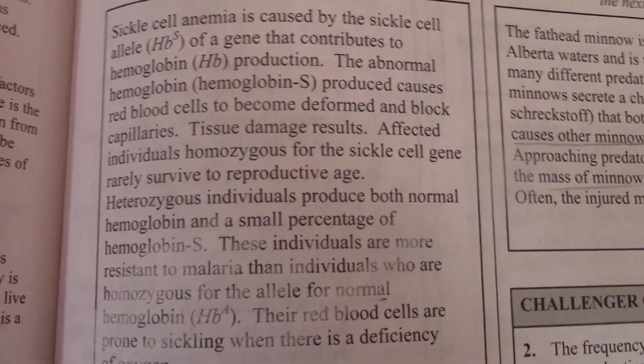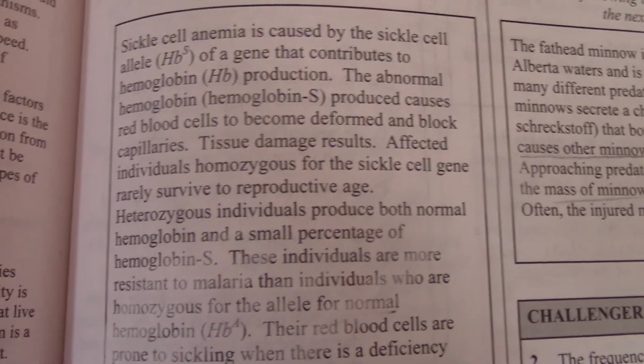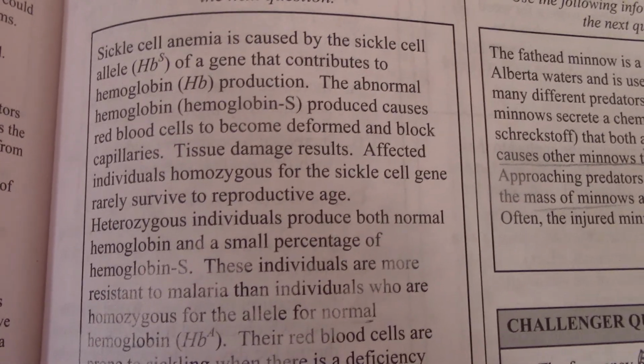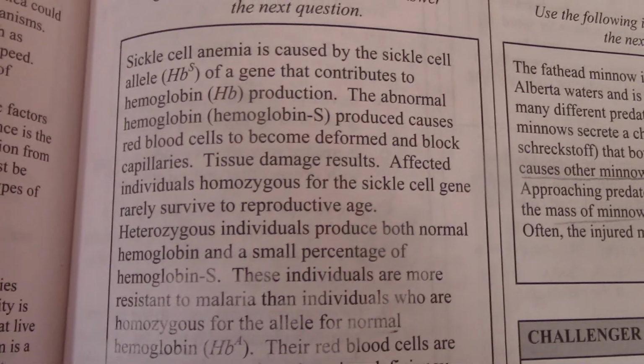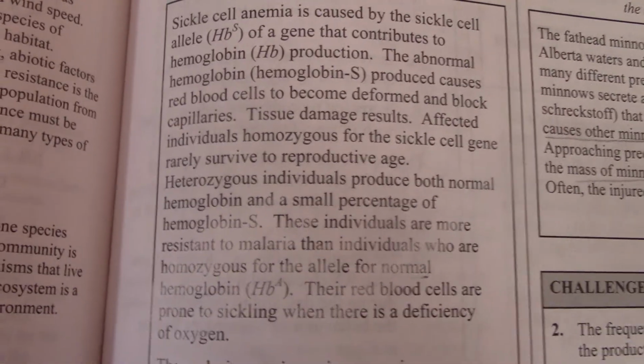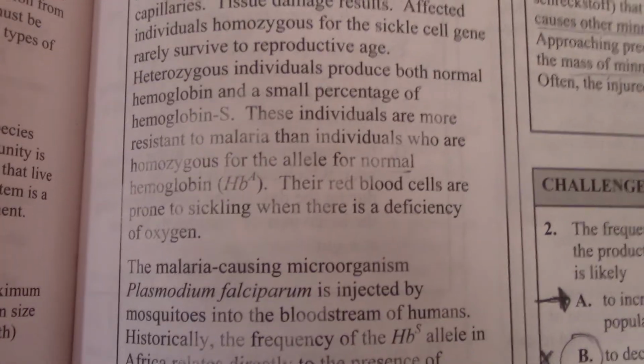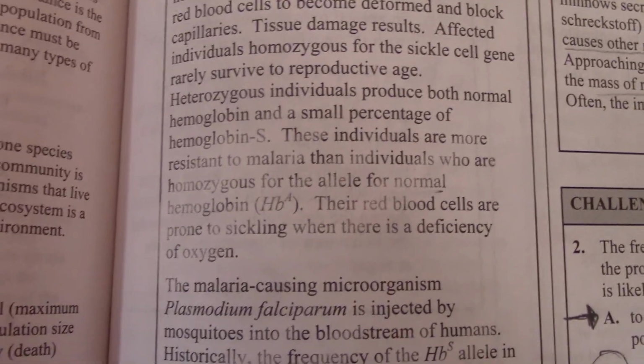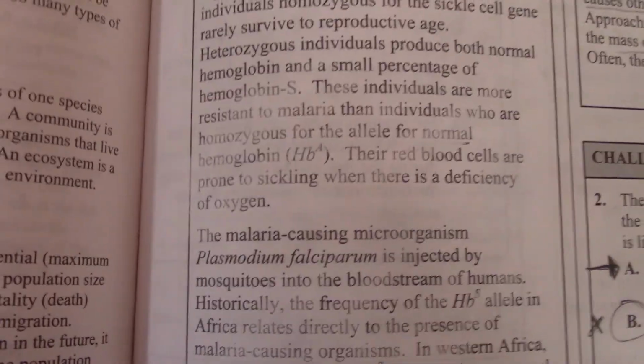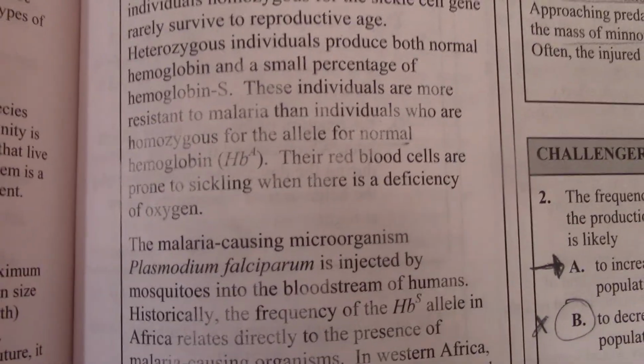Affected individuals homozygous for the sickle cell gene rarely survive to reproductive age. Heterozygous individuals produce both normal hemoglobin and a small percentage of hemoglobin sickled cells. These individuals are more resistant to malaria than individuals who are homozygous for the allele for normal hemoglobin. So this is page 137, by the way, question number 1.